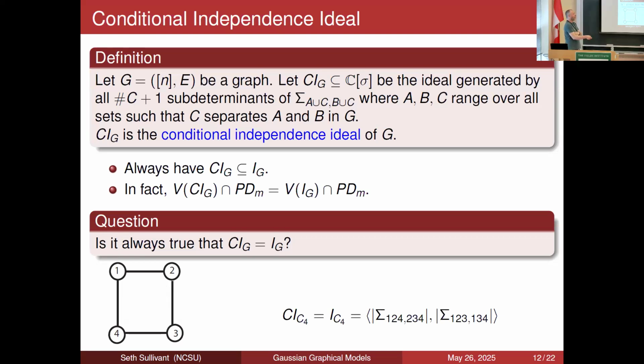And so those each give me one 3x3 minor. This one here corresponds to 1 independent of 3 given 2 and 4. This one here corresponds to 2 independent of 4 given 1 and 3.